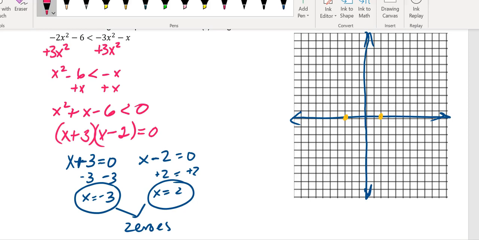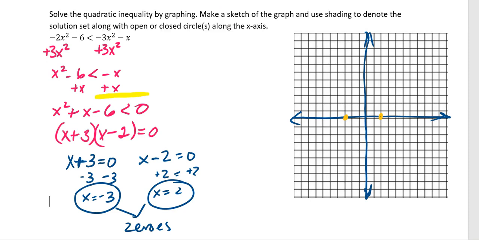To determine if my parabola is opening upward or downward, I look at my A value. When I'm looking at this, make sure that I look at the inequality that has 0 on one side. Notice the 0 here is on my right, and my a is 1. It's the number in front of x squared. So since it's a positive 1, it tells me that my parabola opens upwards.